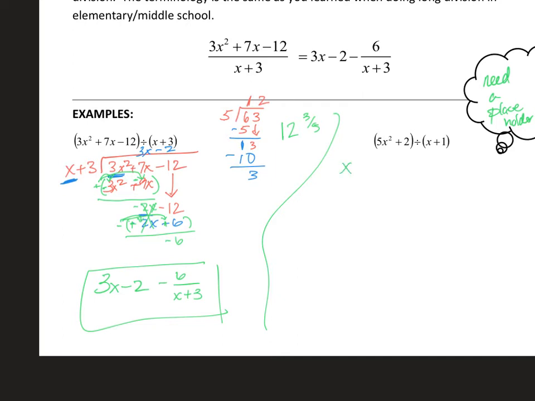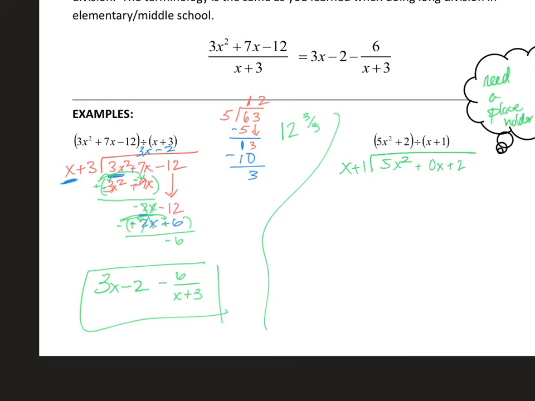So we have x plus 1, and then inside we're going to have 5x squared. We don't have an x term, but we need a placeholder, okay? We need to still hold that place. So how are we going to rewrite this with an x term but not change the problem? Well, we just multiply x by 0. So this would be 0x plus 2.